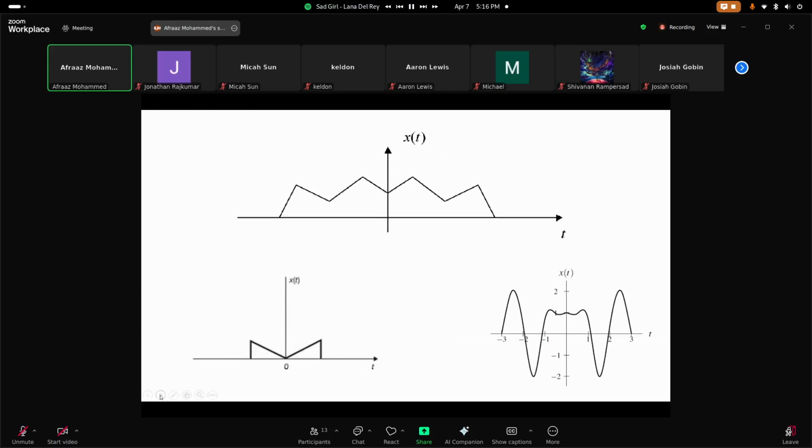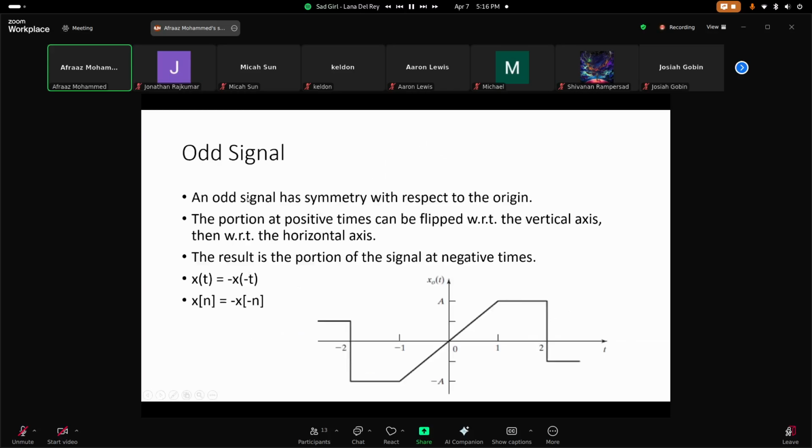Now, the other side of that is odd signals. Odd signals also have symmetry, but the symmetry for odd signals is with respect to the origin, this point here. Another way of looking at it is that the portion of positive times can be flipped with respect to the vertical axis and then with respect to the horizontal axis.